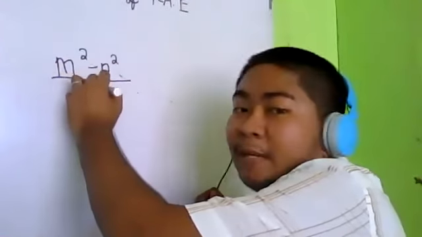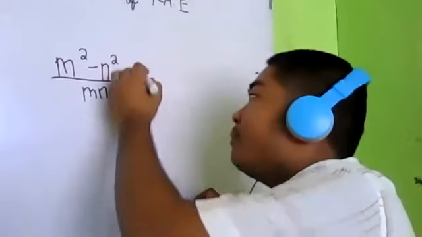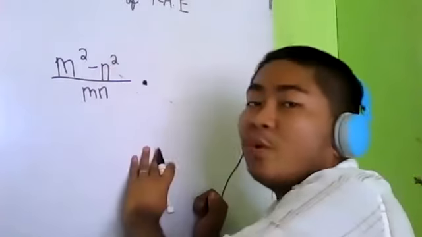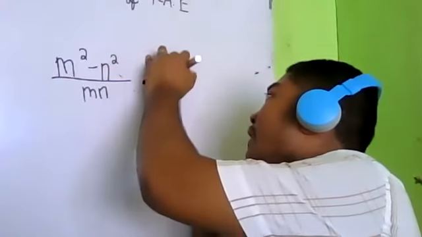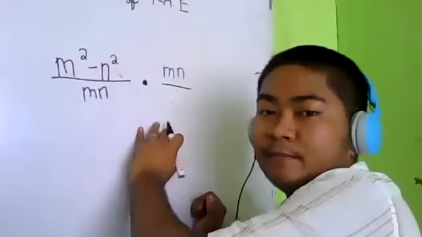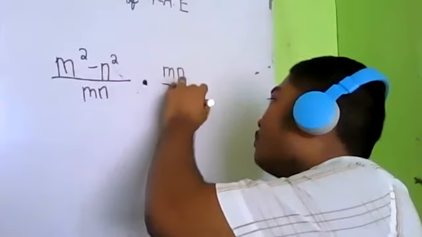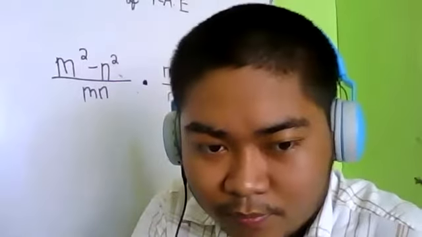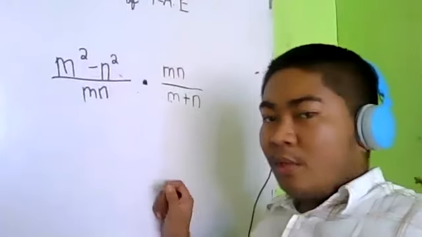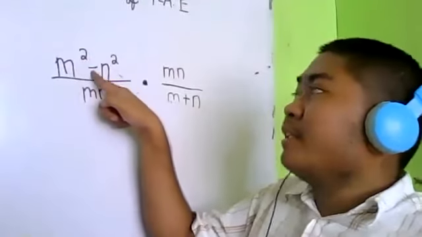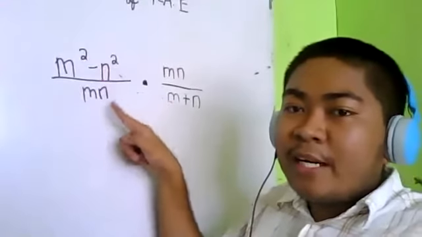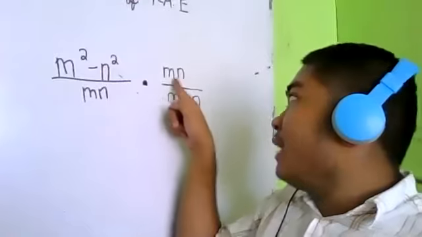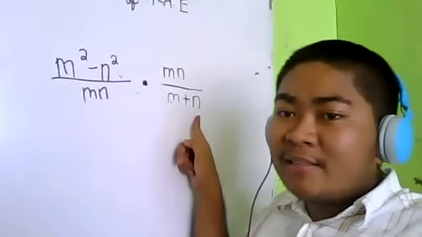So, in multiplication of rational algebraic expressions, you should know how to factor and simplify. Ayan. So, we have here m squared minus n squared all over mn times mn all over m plus n.